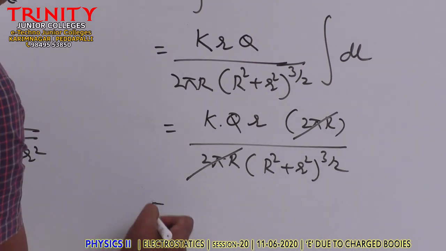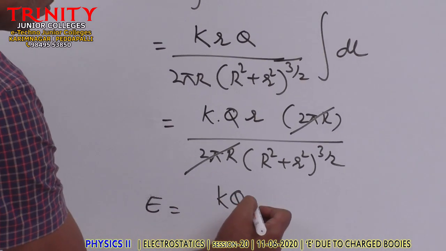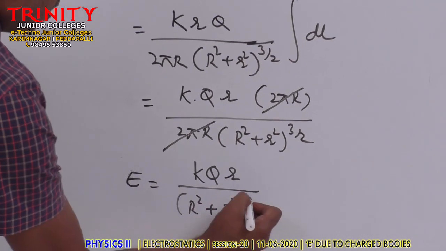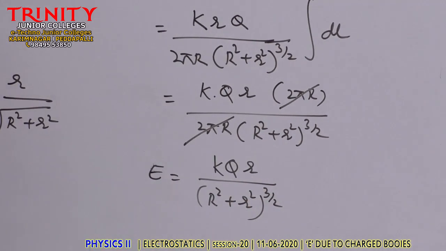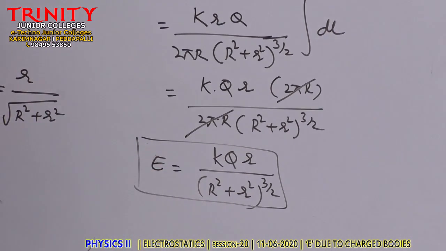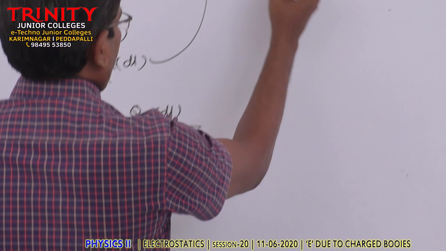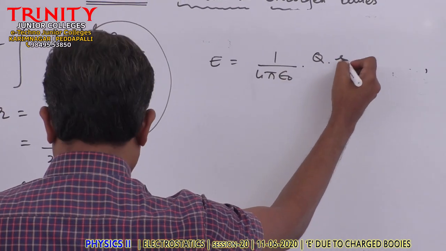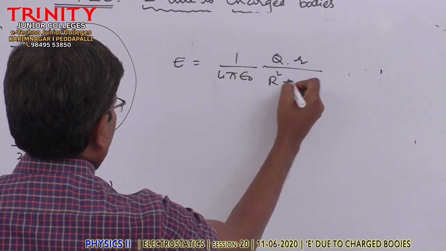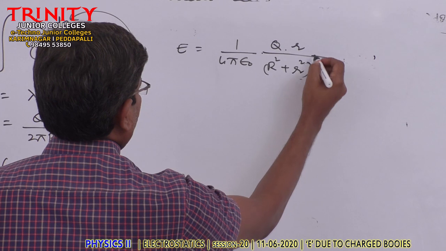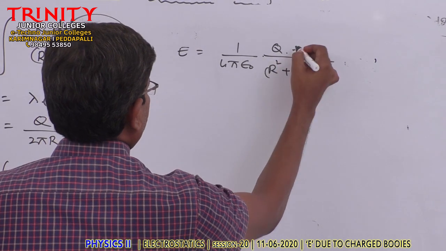Therefore E will be k q r by r square plus r square to the power of 3 by 2. This way you can remember. If you want, you can substitute 1 by 4 pi epsilon naught there. So E value is 1 by 4 pi epsilon naught q r by r square plus r square to the power of 3 by 2.